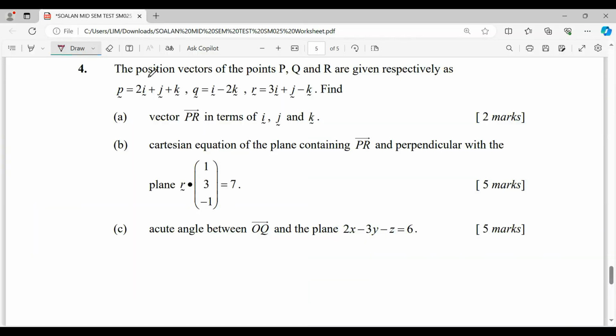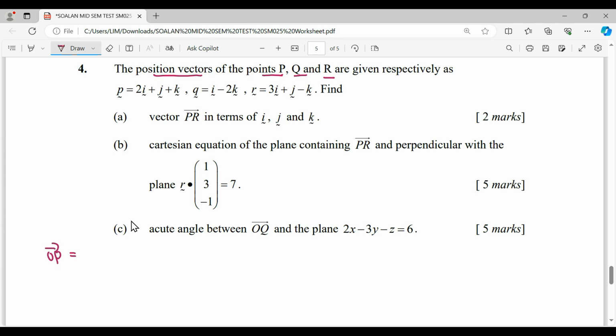Hi everyone, for this question, given the position vectors for P, Q, R. So indirectly this question wants to tell you that OP, which is your position vector, OQ is a position vector, OR is your position vector, given by these vectors P, Q, R respectively.